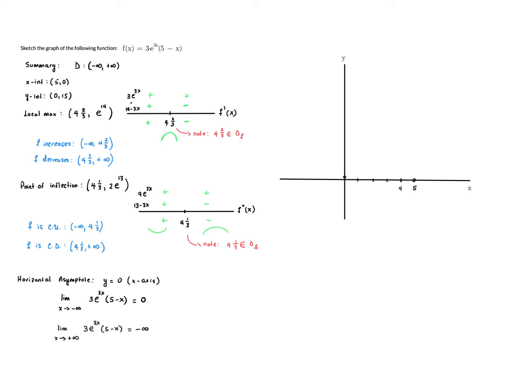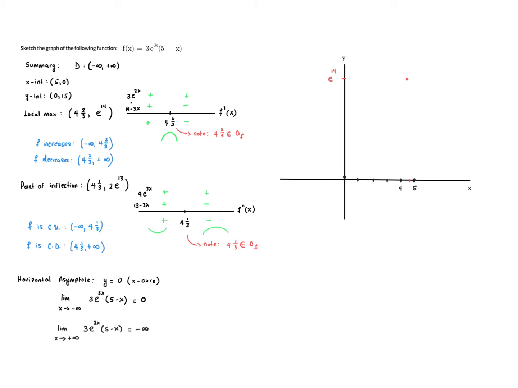Let's say at 4 2/3, I'm going to use a different color. Let's say right here, e to the 14 will be placed somewhere here. So we're going to make this value right here, e to the 14.